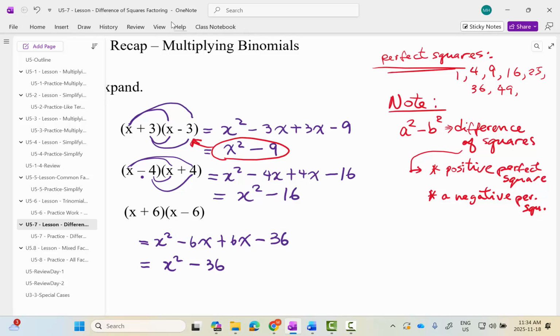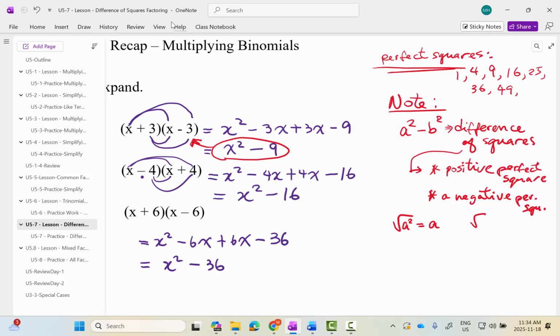If it looks like this, if there's a positive perfect square and then there's a negative perfect square, the way you basically do this is you square root both terms. You square root it to get what? The square root of a squared is what? A. Okay.